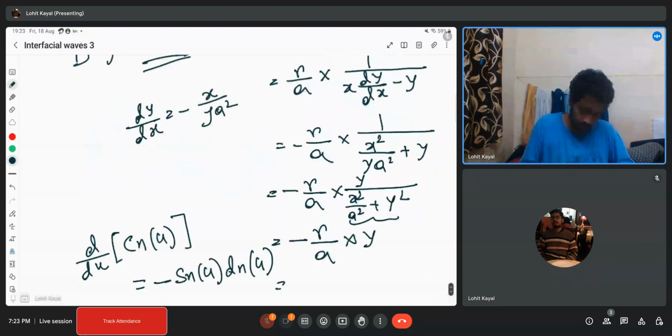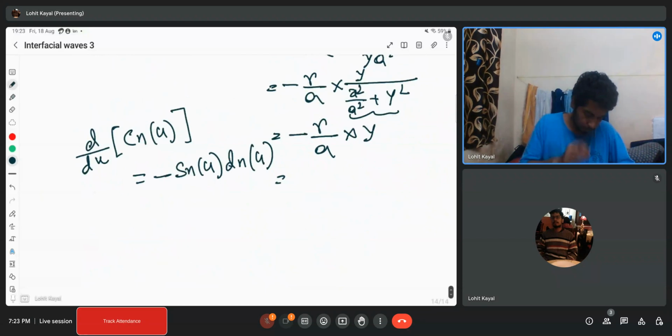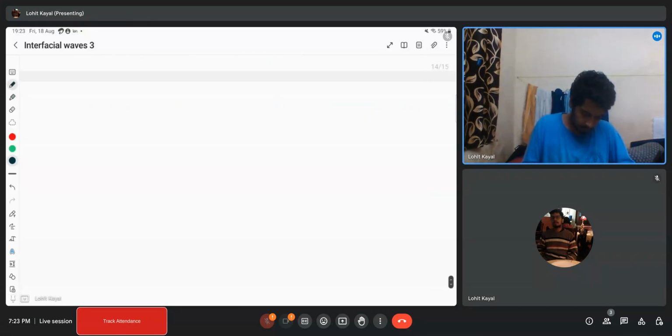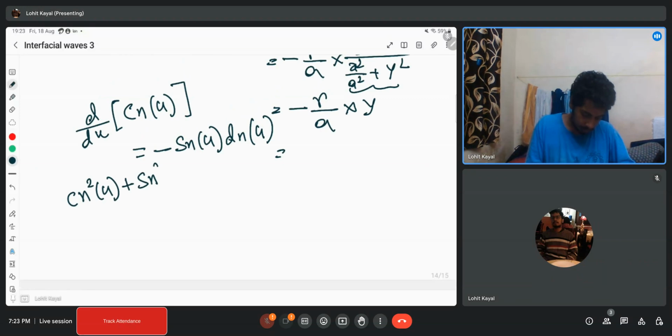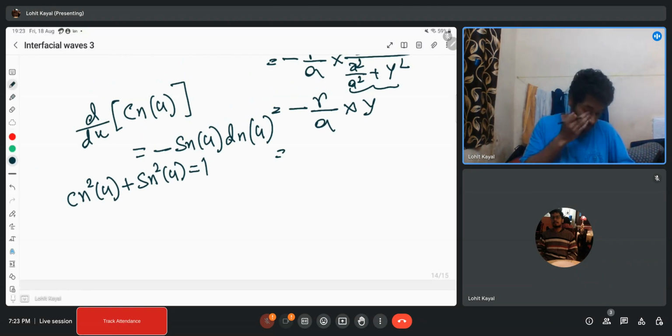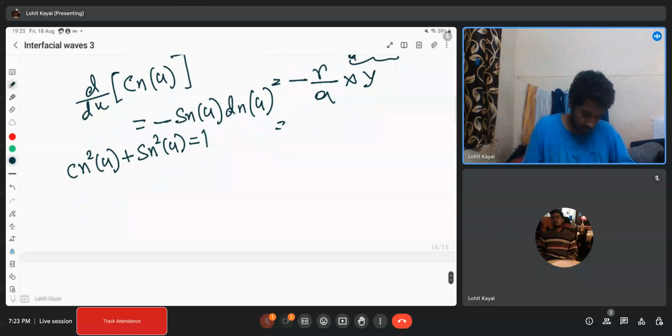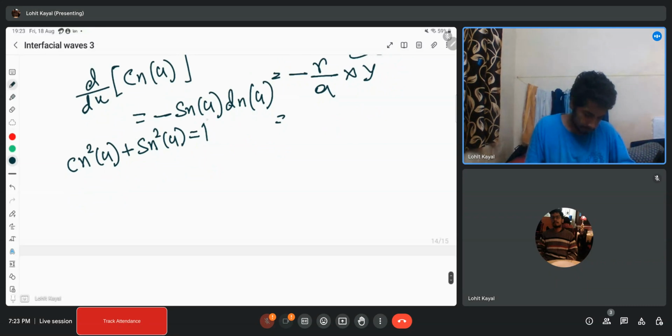So now let us use some other identities. One we can use is cn square u plus sn square u equal to 1. And the other identity is dn square u plus k square sn square u equal to 1.